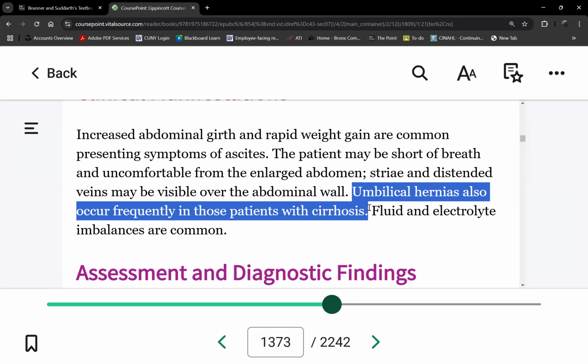If this patient, for example, is an alcoholic construction worker, he has to keep working to feed his family. He does not want to lose his job because another person will quickly fill that position. So he continues working with ascites. Can he develop hernias? He keeps carrying 50, 80-pound cement bags.